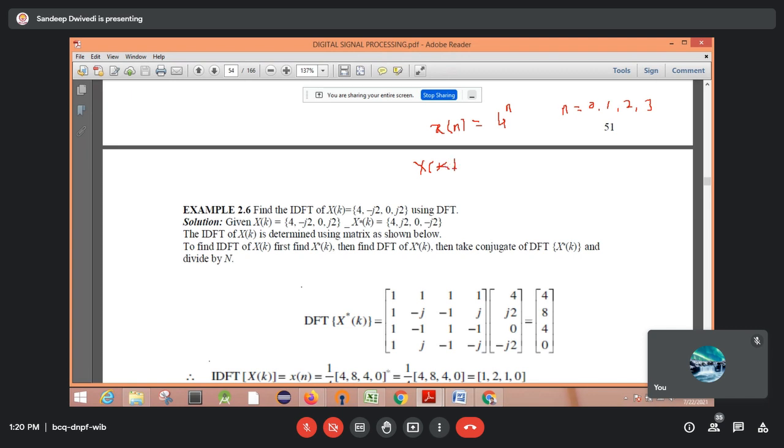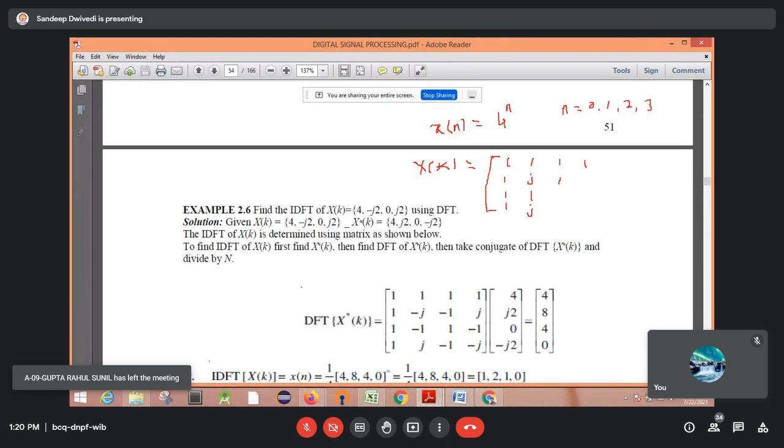So how can you find out this? That will be x of k. You need to write the twiddle factor matrix. If you remember the 4-point twiddle factor matrix, the first row is all ones, the first column is all ones. Then the second column is a 1, j combination. If you don't remember, you can do the calculation, no issue.